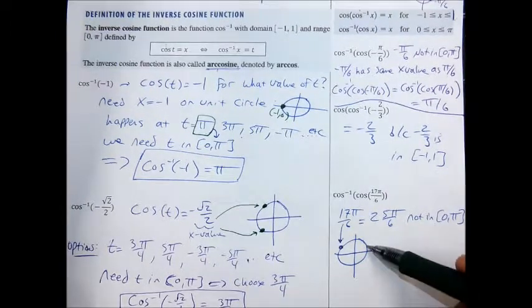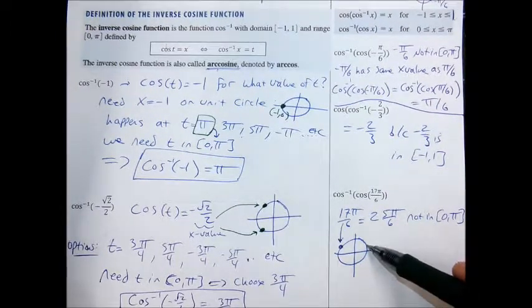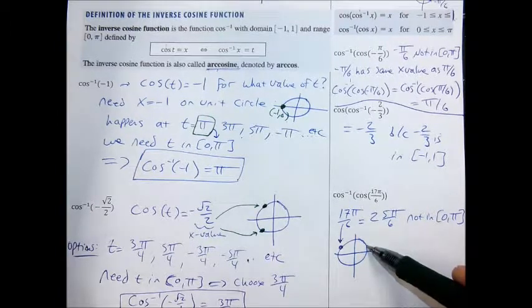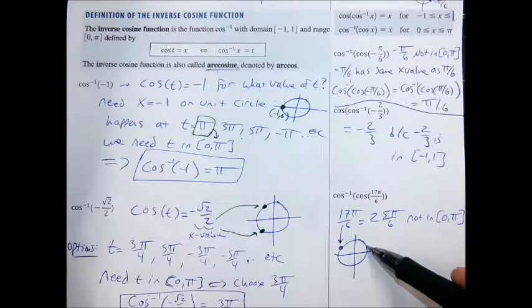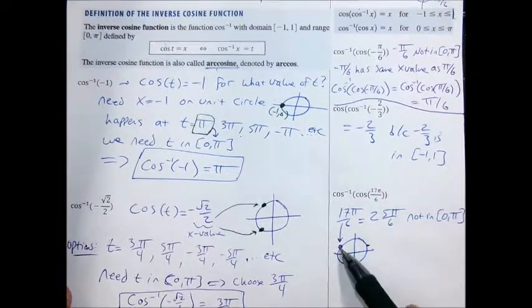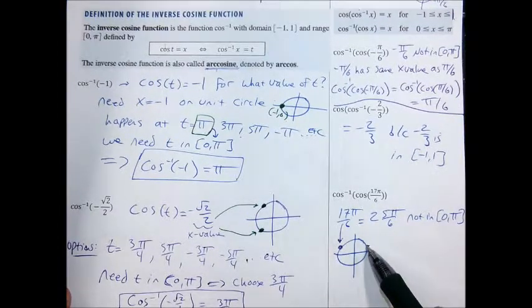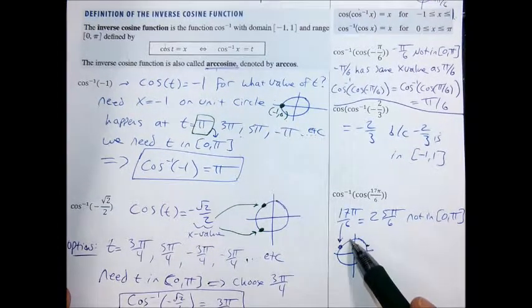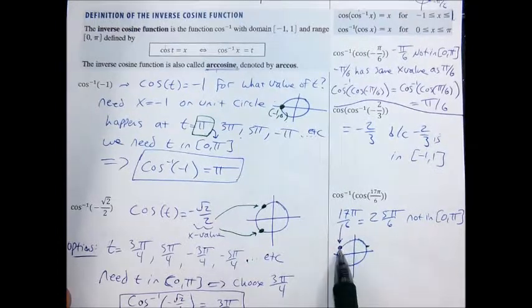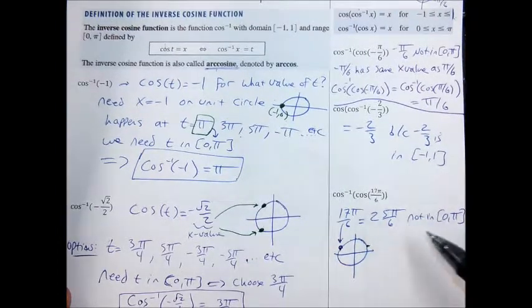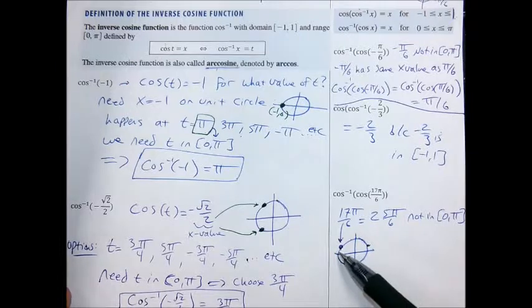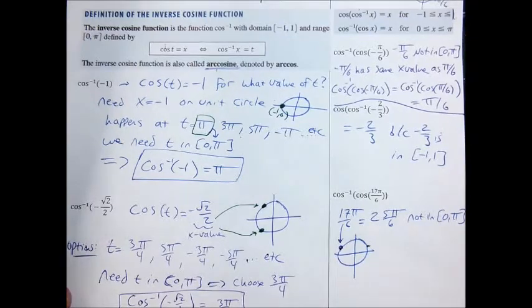Positive pi over 6 would be over here. So what other type of pi over 6? 5 pi over 6 would put us right there, right? It would be 1, 2, 3, 4, 5 steps of pi over 6. The other way to think about that is it's one step away from pi. So 1 pi over 6 less than pi would put us right there.